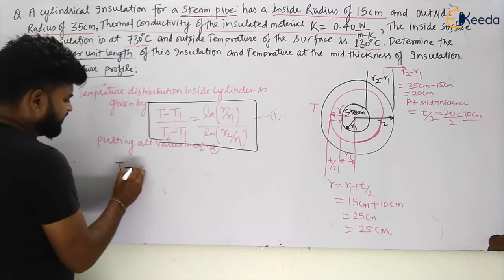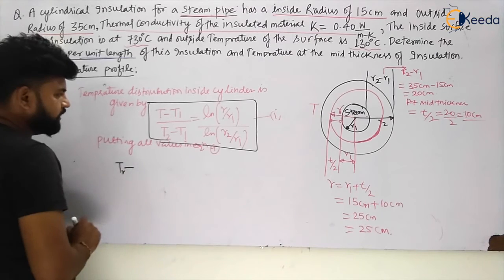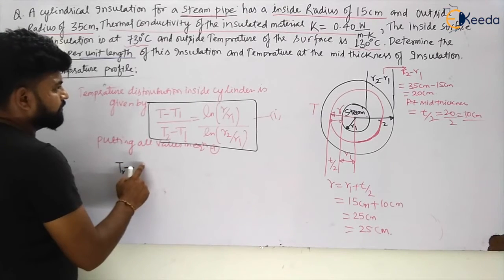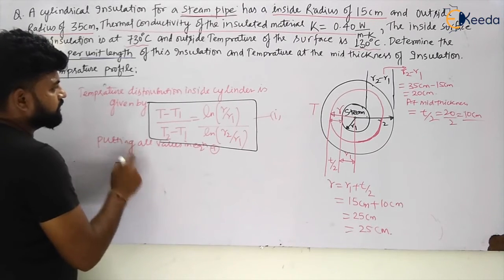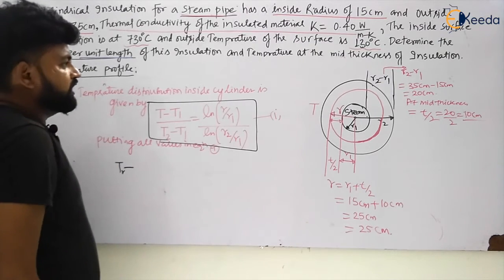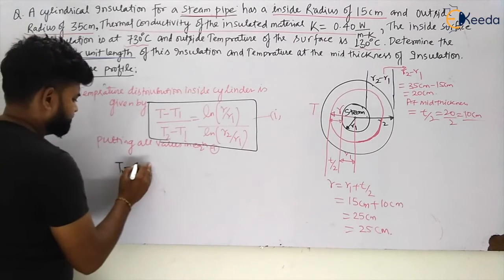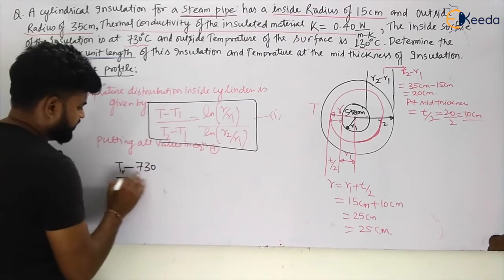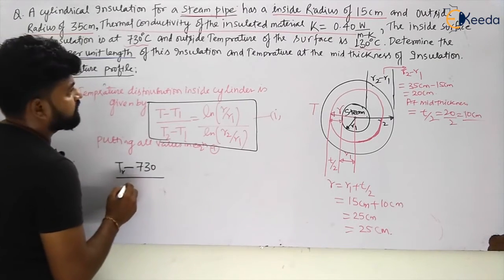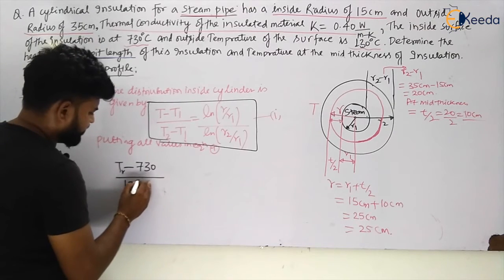T minus T1, I have to calculate at R. What is the inside temperature here? T1 is given to be 730. And what is your T2? T2 is given to be 130 degrees Celsius.